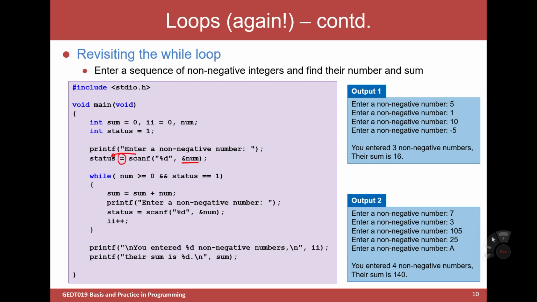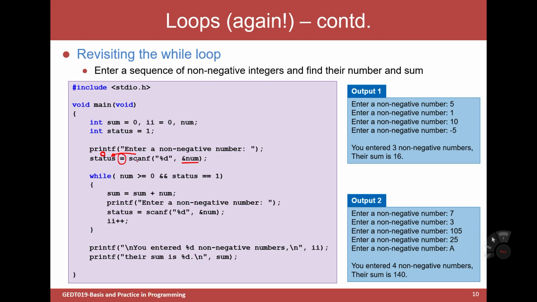If you insert a digit, it will put the number 1 in the status. If you add a wrong value, for example a character or a string, scanf will generate the value 0. 0 means wrong input.